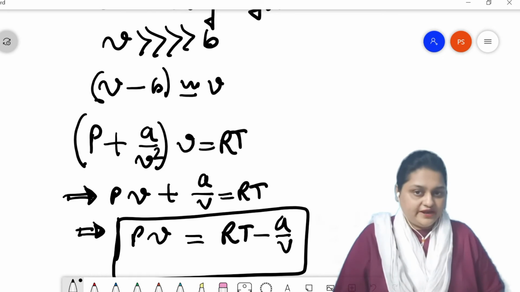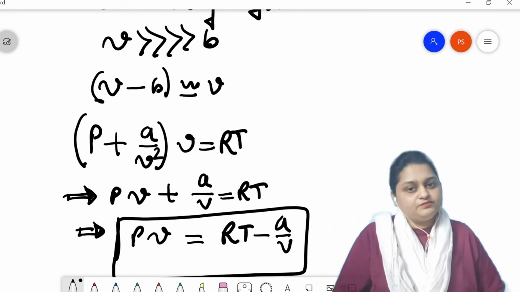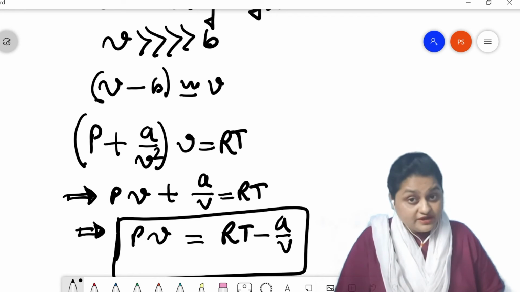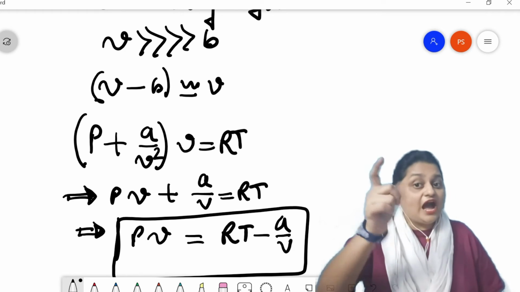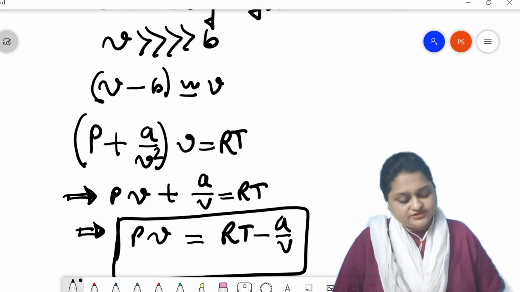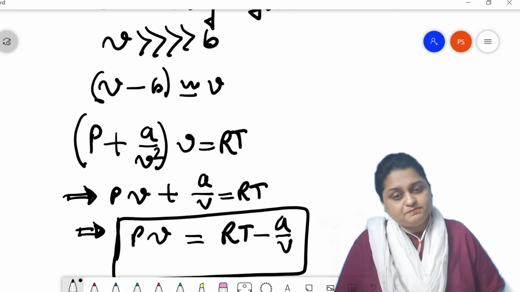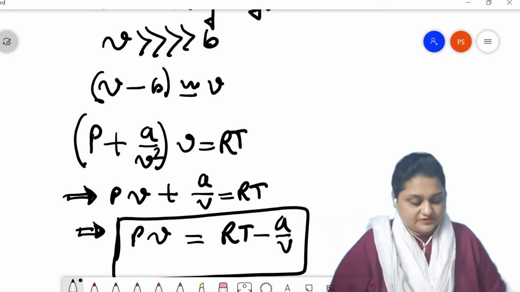which implies that at the low pressure range, for a particular pressure, the magnitude of PV for real gas is less compared to the ideal gas. And it is also saying that with the increase in the pressure at the low pressure range, the PV value will keep on decreasing.